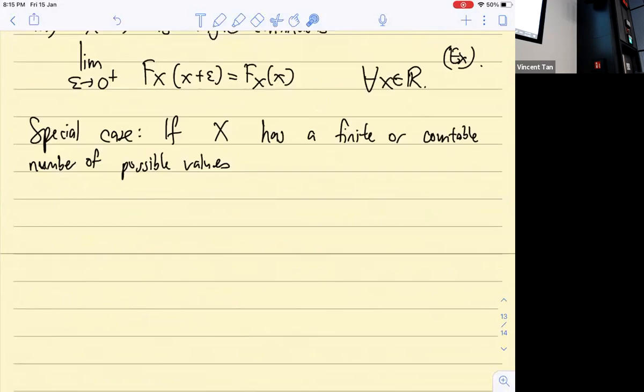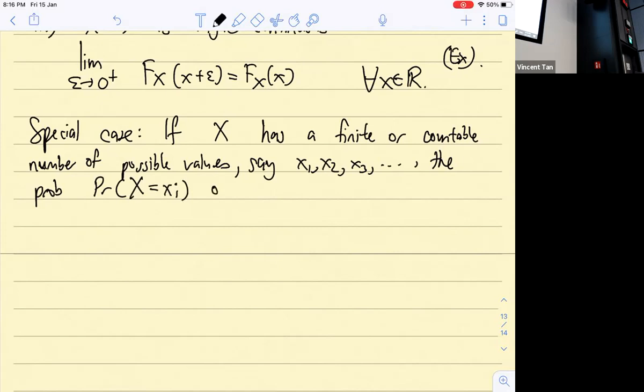X has a finite or countable number of possible values, say little x1, x2, x3, dot, dot, dot. The probability P(X equals x_i) of each sample x_i is called the probability mass function. You may have heard this before.